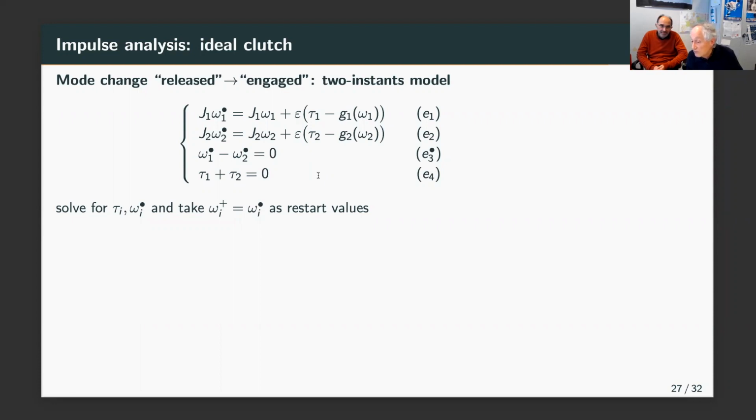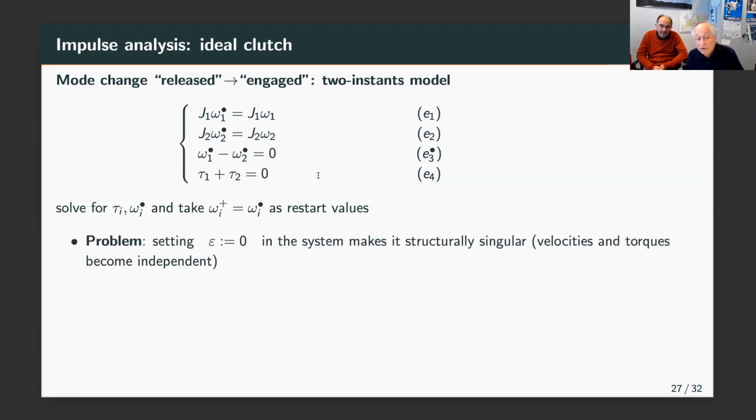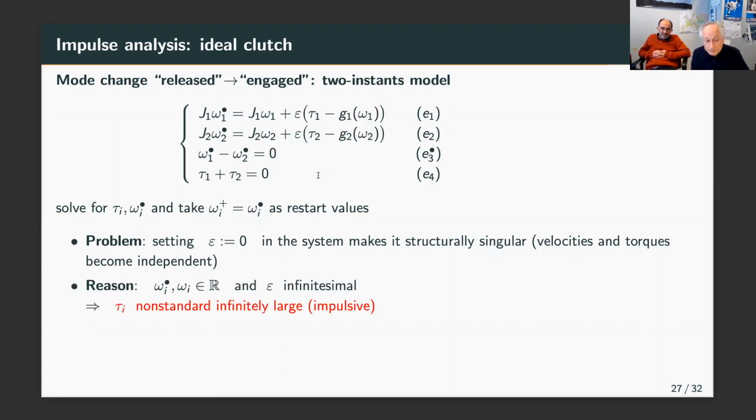Epsilon is infinitesimal. So the first stupid idea is that we can replace it by 0, because if it's small, let's neglect it. However, if you do this, you end up with a singular system. It makes it structurally singular. Velocities and torques become independent, and this cannot give a solution.